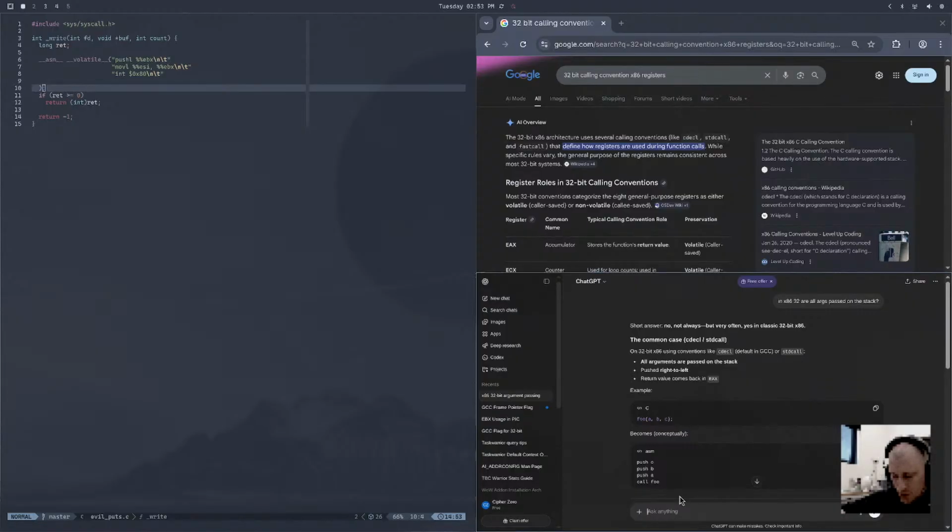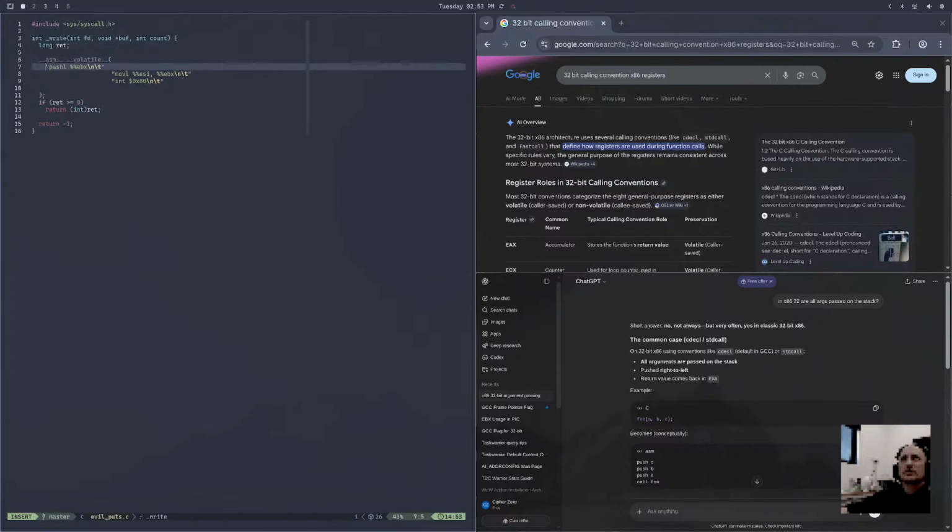And then we also have a pop L EBX. I don't like that they reformatted that. Pop L EBX. And then we have a colon equals A ret.